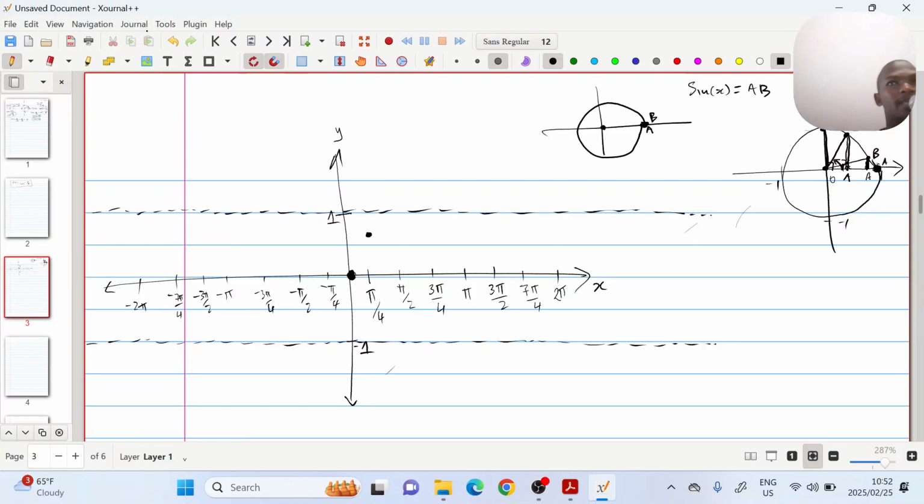In other words, A will move to the origin. So our new A now is going to be here at the origin. What is the value of AB? Yes, here it is 1. It's because we know that this value here is pi over 2. Are you seeing it a little bit? Okay. You're not getting it?